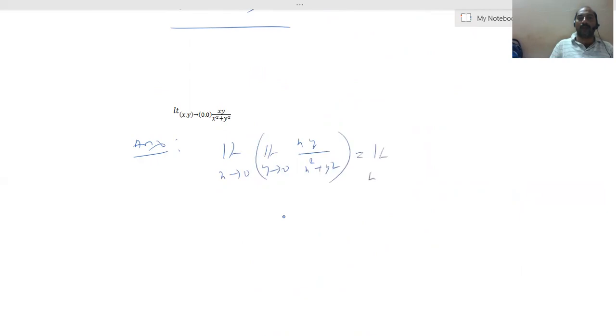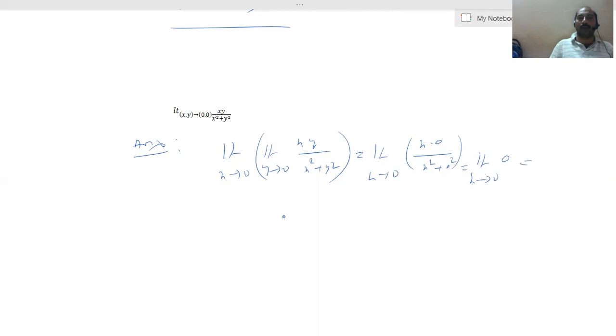What happened? This value, x tends to 0: numerator x into 0 by x square plus 0 square. Finally, this value is limit x tends to 0, 0 by x square. X square is a non-zero value until substituting the x value. So 0 by a non-zero value is 0.